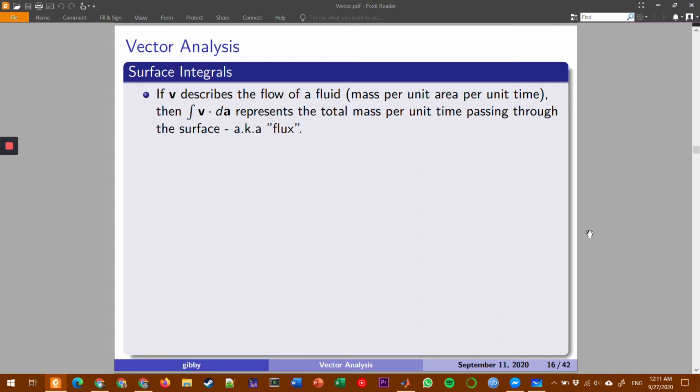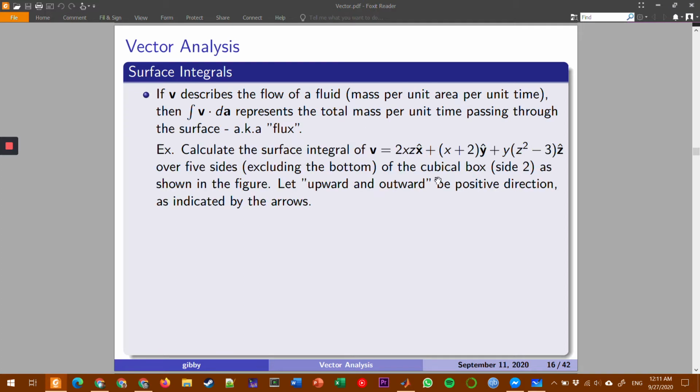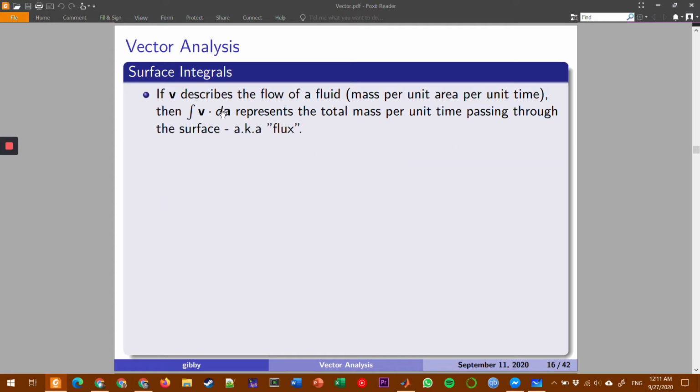Now if v describes the flow of a fluid, so mass per unit area per unit time, then v dot dA represents the total mass per unit time passing through the surface, aka flux. So the flux calculates the total mass per unit time passing through the surface.